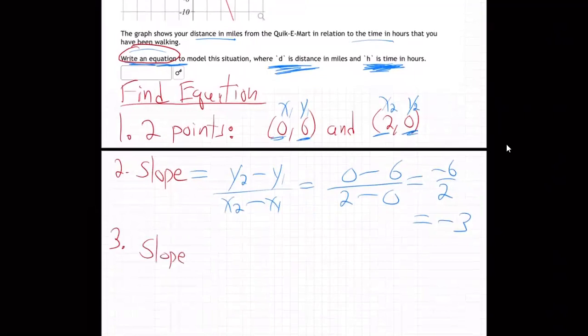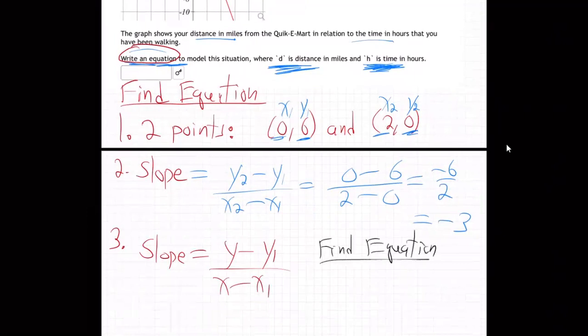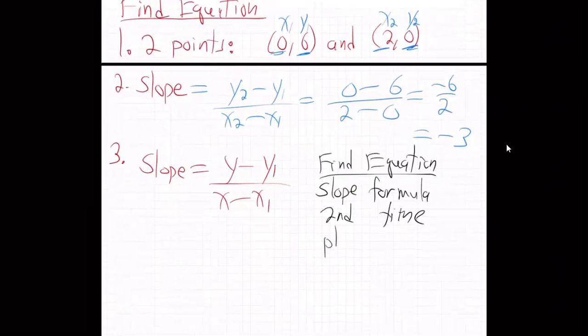Step 3, you know what you do. You write the slope formula a second time, and this time with plain x and y in the front.